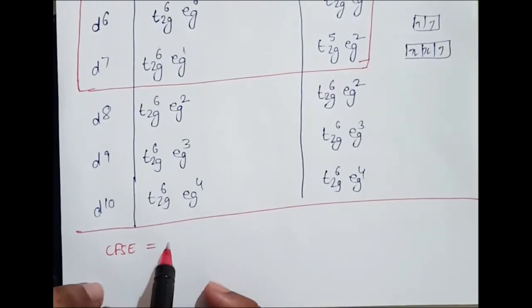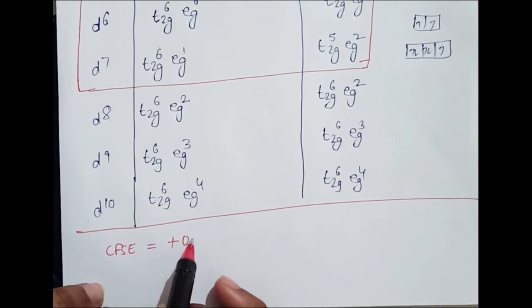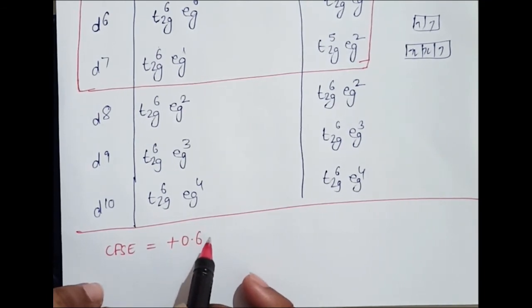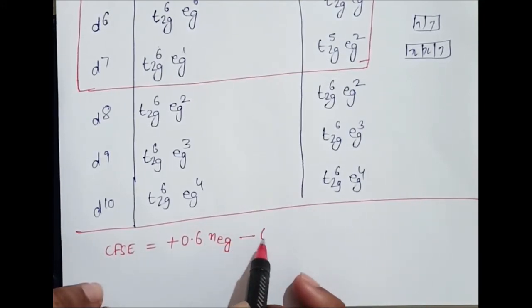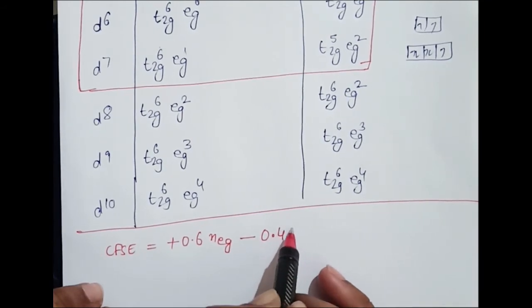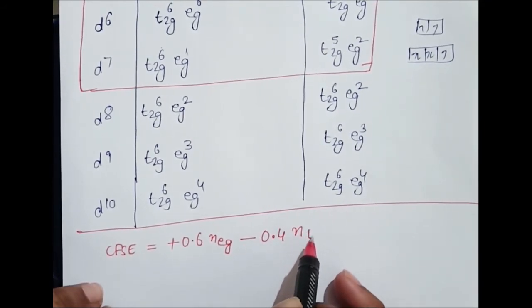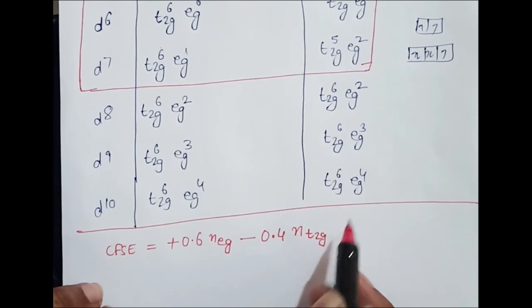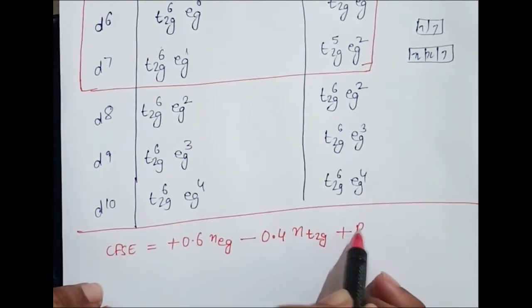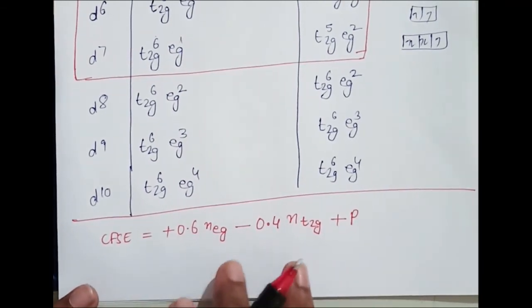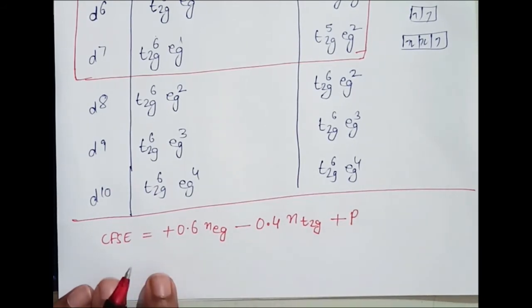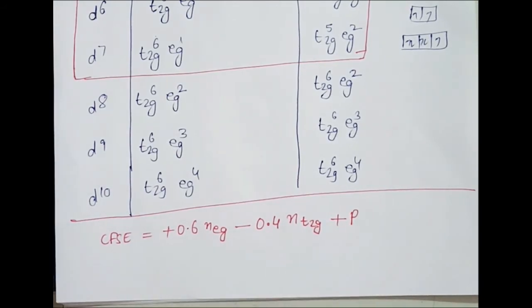So I can say it is plus 0.6 into the number of Eg electrons, minus 0.4 into the number of T2G electrons, plus pairing energy. Pairing energy depends on how many electrons are paired up. Got it? So this formula you have to apply for crystal field splitting energy calculation.